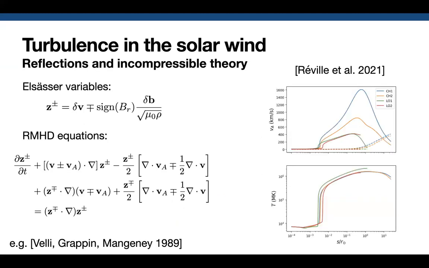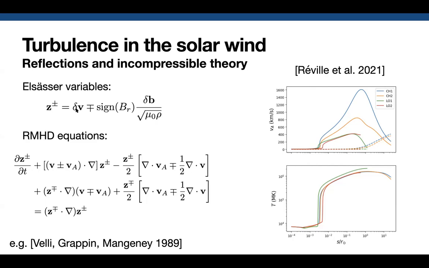Right. So if we put this into equations, we usually use the Elsasser variables, the Z plus minus, which is, this is the way I define it now, but there are many ways to define them. But if you want to study the perturbation in the most intuitive way, perhaps this is a good formulation.